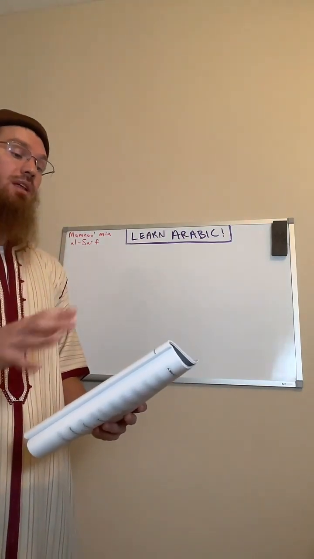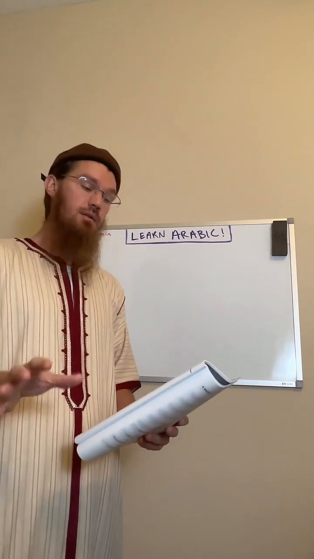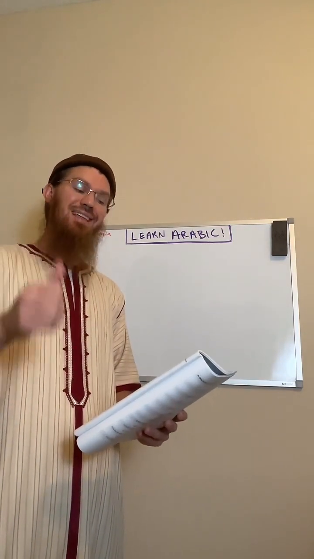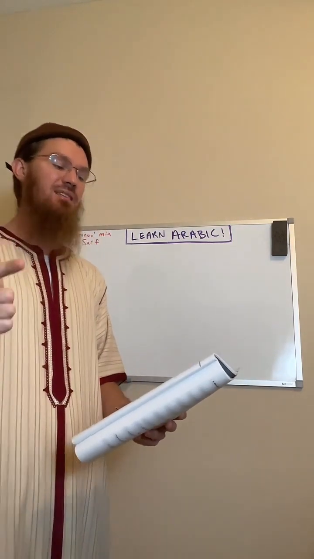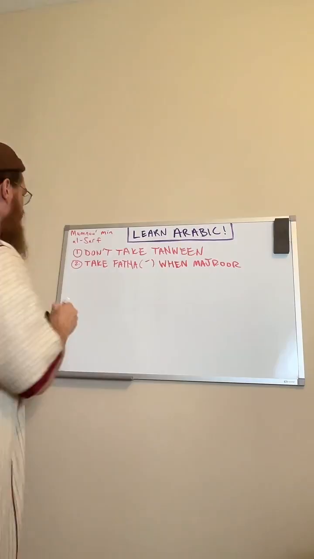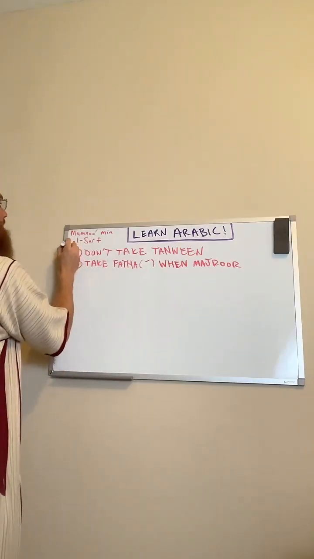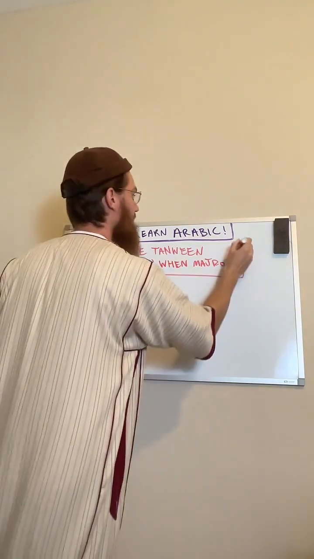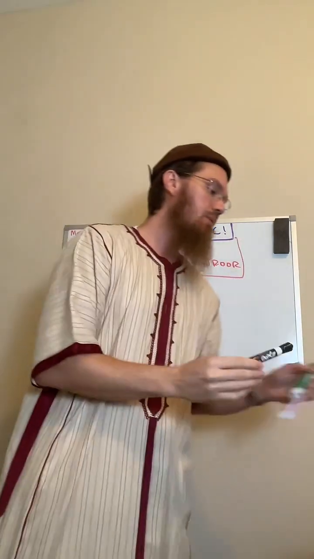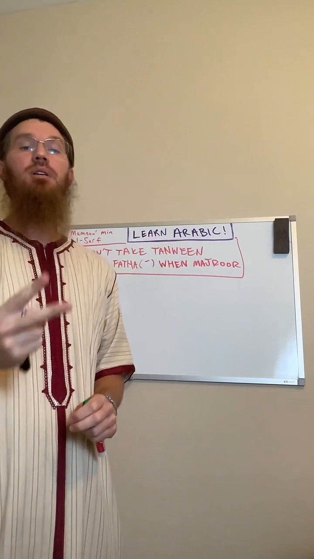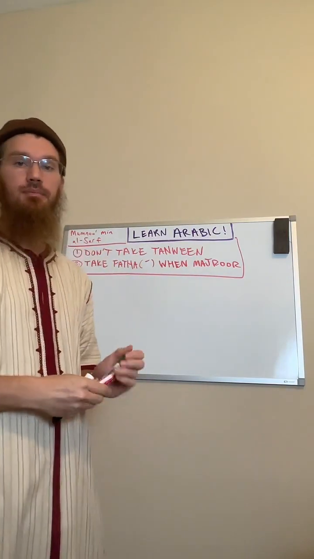So now we're learning about a category of words called mamnu' min as-sarf. They don't take tanween and they take a fatha instead of kasra when majroor. This is the rule of mamnu' min as-sarf that we want to memorize first. And then I'm going to tell you two specific types of words that are mamnu' min as-sarf.